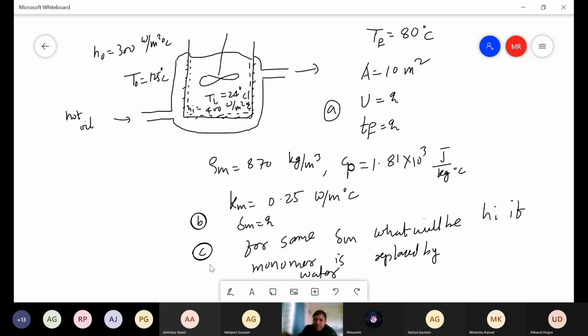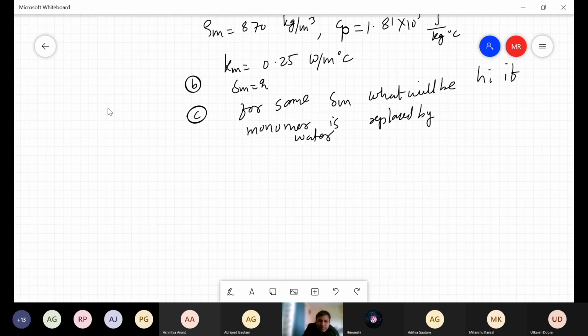So our equation will simplify. If you remember the overall heat transfer coefficient expression which we have looked at in our last class, that will get immensely simplified, isn't it? So if I can write down the expression in such cases, let me just scroll a little bit up.